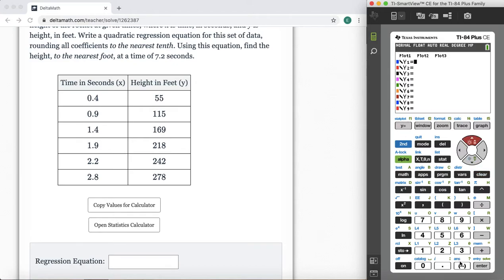So negative 16.33 x squared plus, now I'm going to have to open that again. That's why I said maybe write it down. 146.07. So plus 146.07.